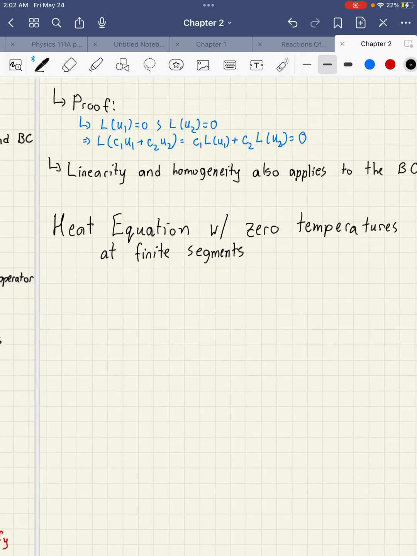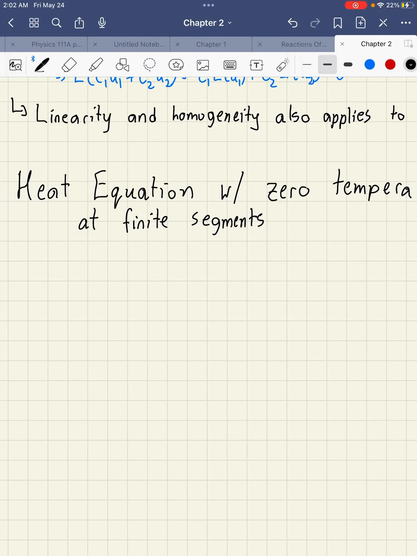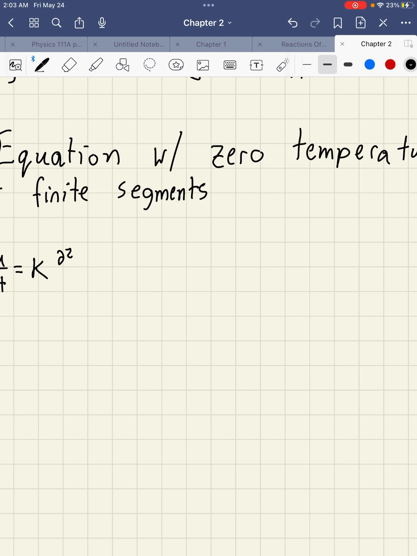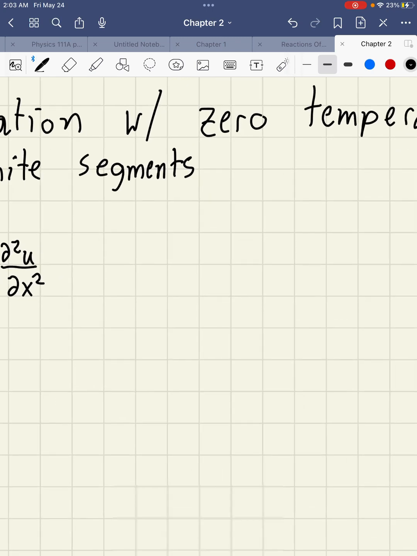The corresponding PDE is just my heat equation, assuming there are no sources. We are talking about the finite ends, so my x is between 0 and L, and my time is expected to be positive.